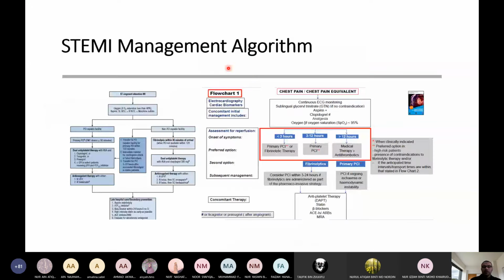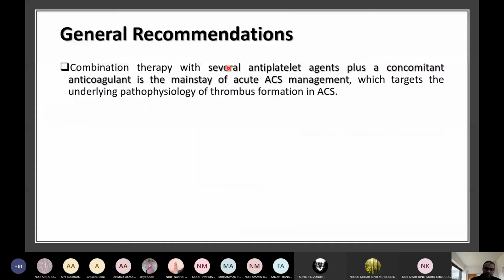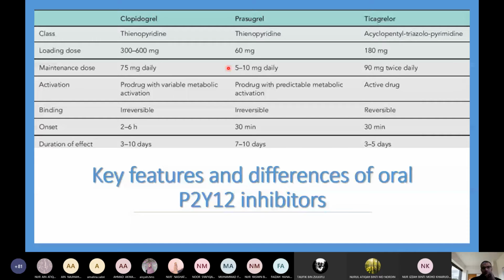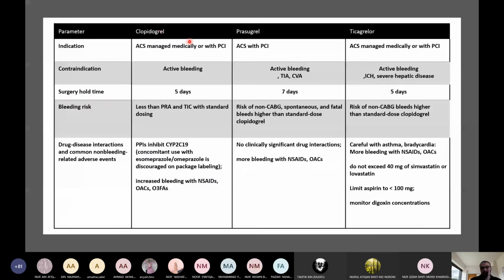Here you see prasugrel. No, right? Because by indication, what is important for us to understand is that clopidogrel and ticagrelor are indicated for both medical management and PCI. It is not restricted. But the prasugrel recommendation is only in patients with ACS who are candidates for PCI.